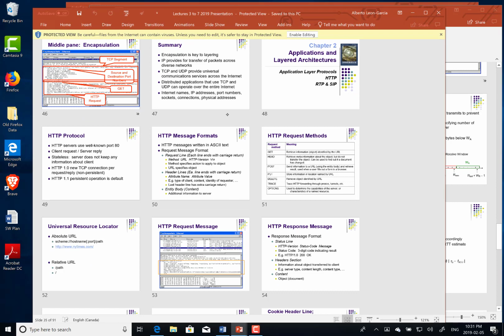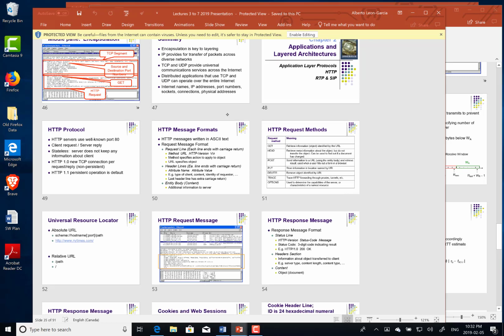Okay. And then what we did is we looked at two types of application layer protocols here. One was HTTP, which is used for browsing the web.